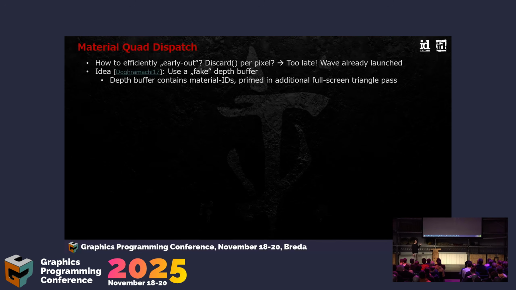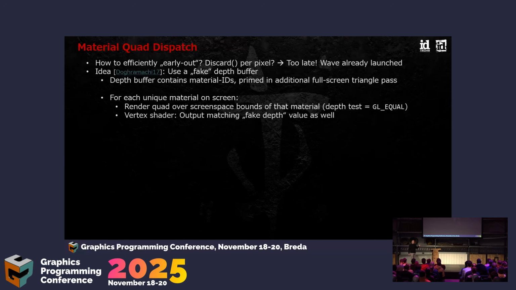However, one idea that's been passed around a lot is to use a fake depth buffer instead, which is a depth buffer that we build as an additional full screen pass. It doesn't contain any scene depth at all, but only random, normalized triangle IDs. Then when we actually render the material quads, we can bind this depth buffer, set the depth test to equal, and repeat the same fake depth computation logic in the vertex shader. The result should be that we only get pixels packed in a wave that match this material.